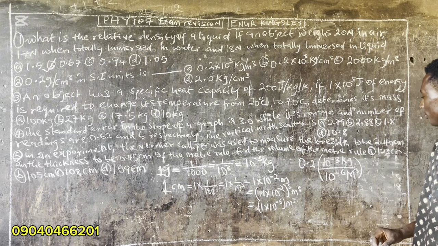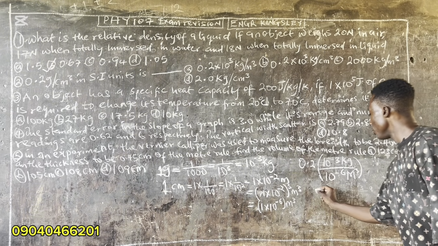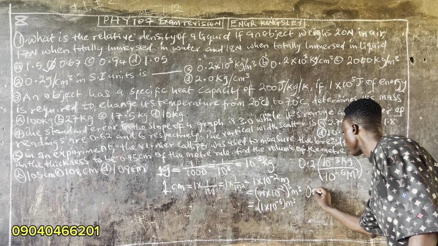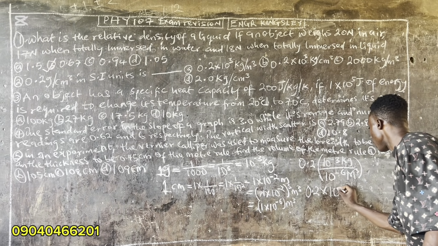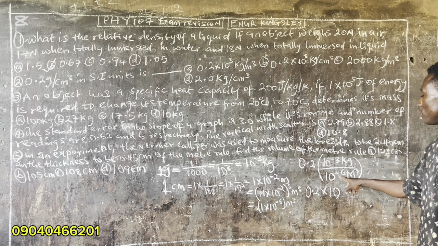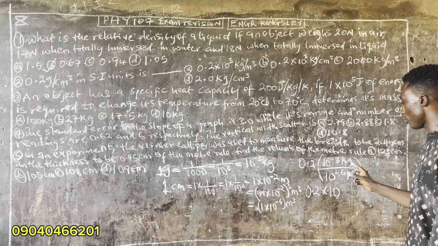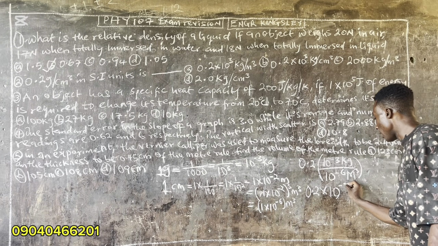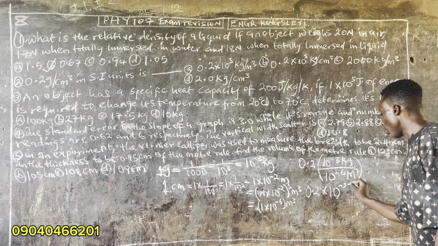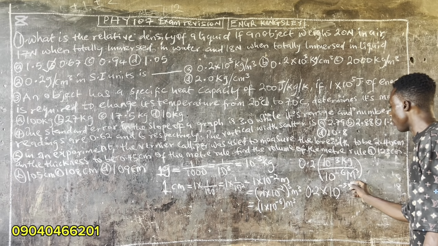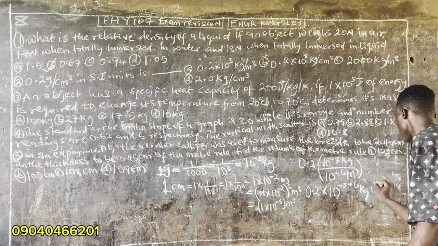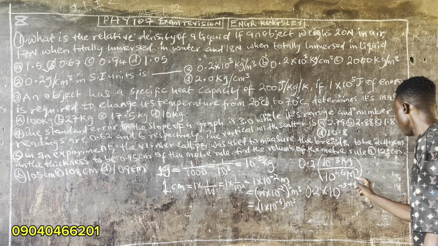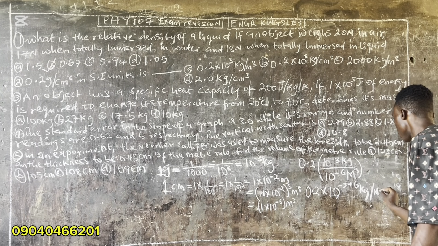Okay, moving on. When you multiply, you have 0.2 times 10 raised to the power. According to the law of indices, this is negative. When it goes up, it will change to positive. It will be minus 3 plus 6 instead of negative 6, kilogram all over meter cube.